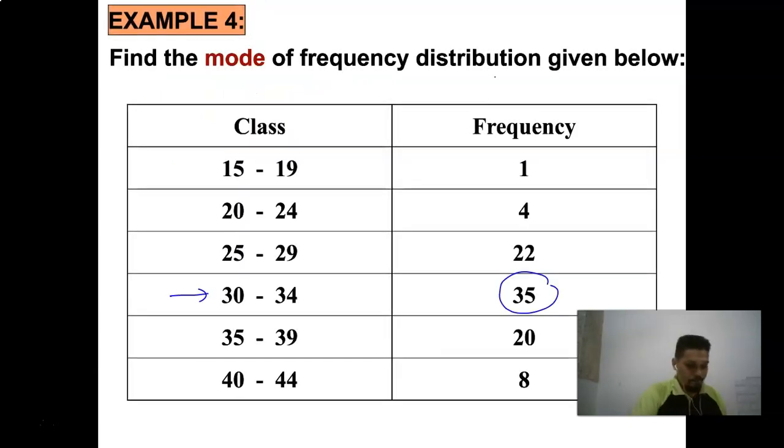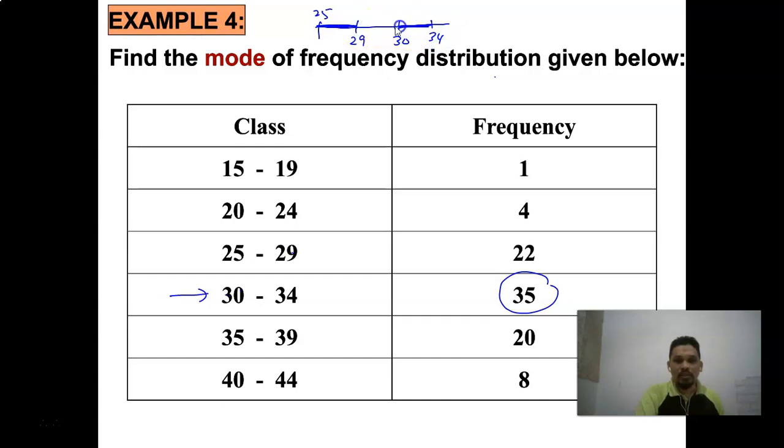Lower boundary of the modal class. Lower boundary means the value between 30 and the upper boundary of the previous class, here between 29 and 30. From 25 to 29 there is one class, and from 30 to 34 another class.